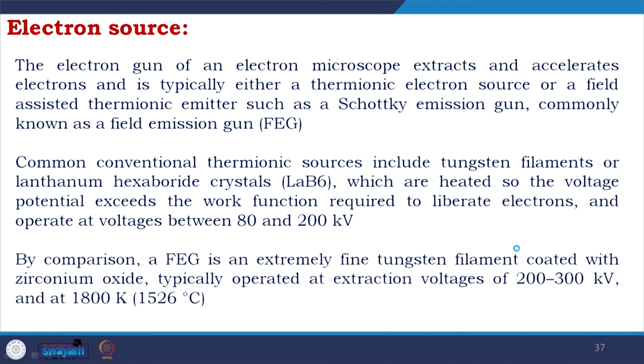By comparison, a field emission gun is an extremely fine tungsten filament coated with zirconium oxide, typically operated at extraction voltage of 200 to 300 kilovolt and at 1800 Kelvin, which means 1526 degree centigrade.